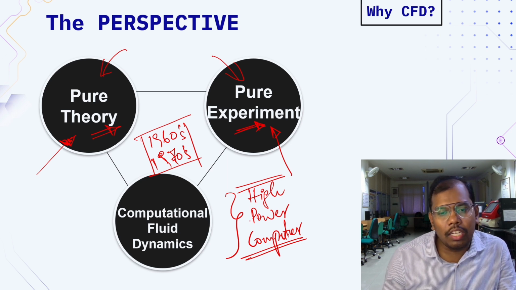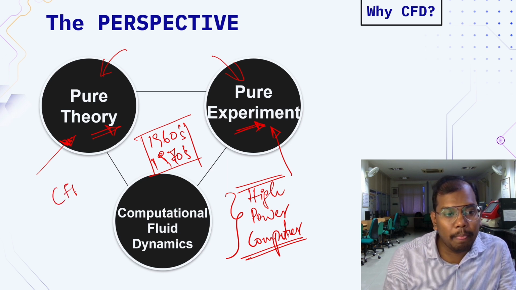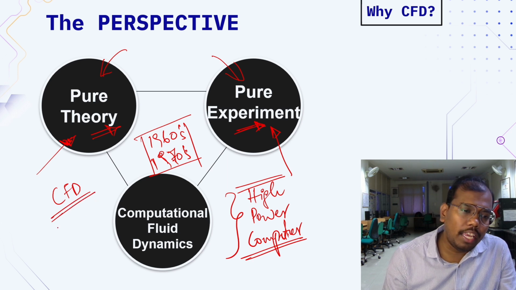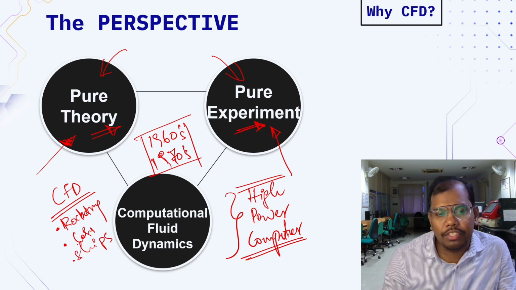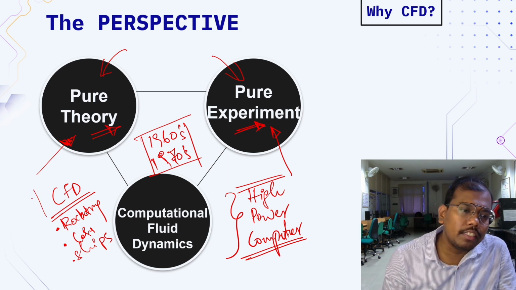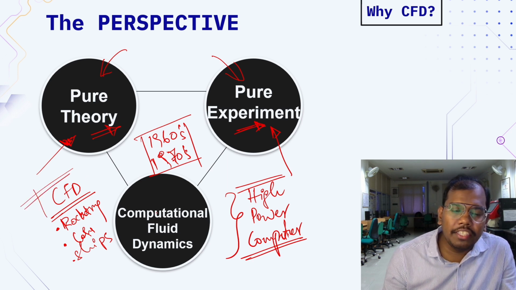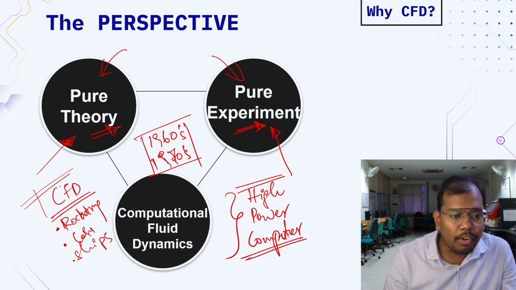From then on, CFD has been applied in various fields like rocketry, design of cars and vehicles, even buses, and even ships, naval applications. All these things have changed in a phenomenal manner with the advent of CFD.